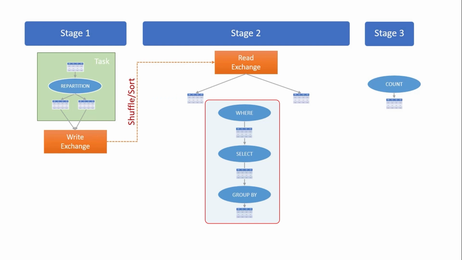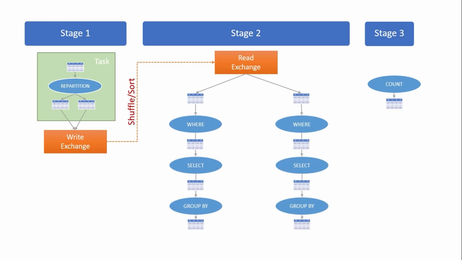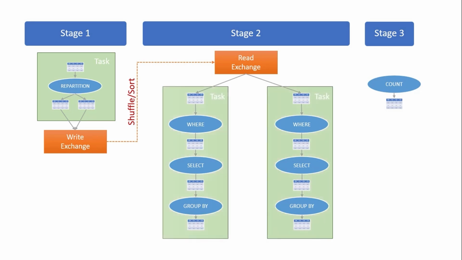And now I can run these transformations in parallel on those 2 partitions. So this is how it looks. Make sense? Spark can execute the same plan in parallel on 2 partitions because I have 2 partitions. And this is what we call a task. So I can have 2 parallel tasks in stage 2.